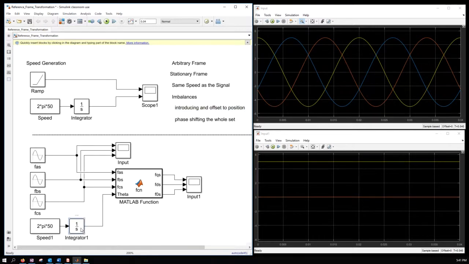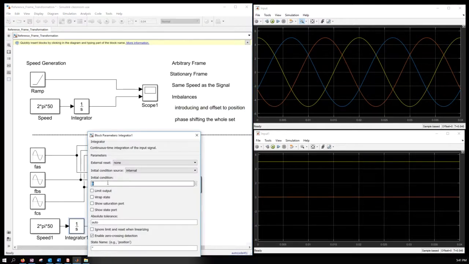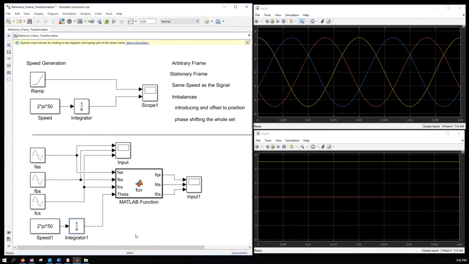So let's introduce an initial angle, right? So let's say we have 0.2 radians. So it's off by 0.2 radians. Exactly, right? So our original signals are not affected.